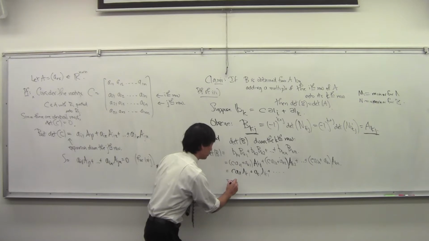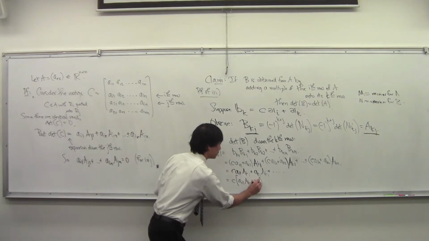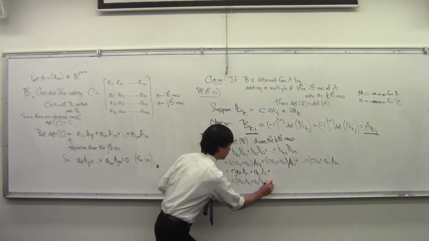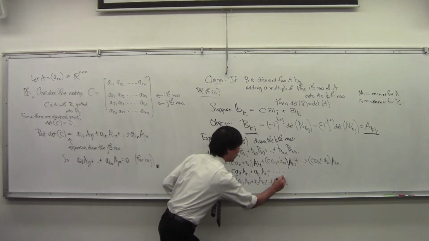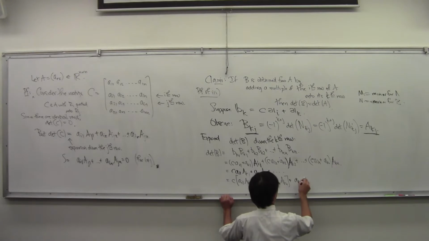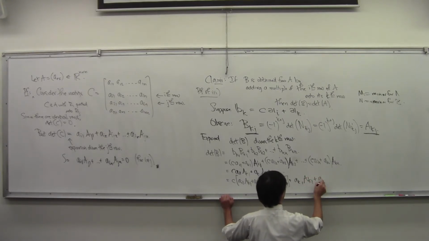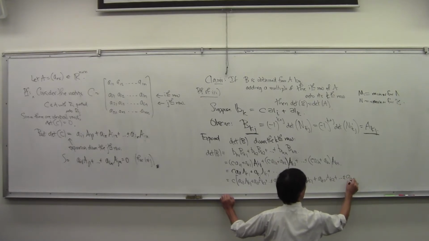You're going to end up with C times AI1 AK1 plus AI2 AK2, and so on up to AIN AKN, plus AK1 capital AK1 plus AK2 capital AK2 plus AKN capital AKN.